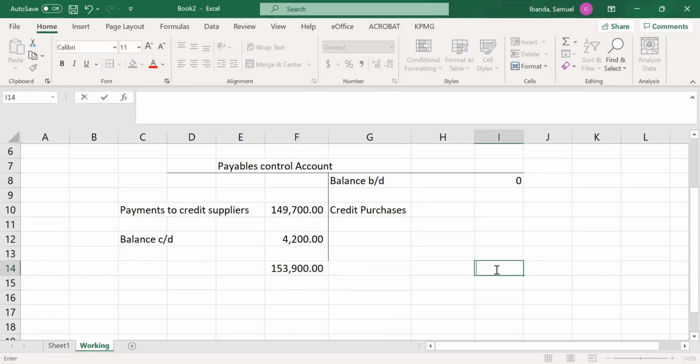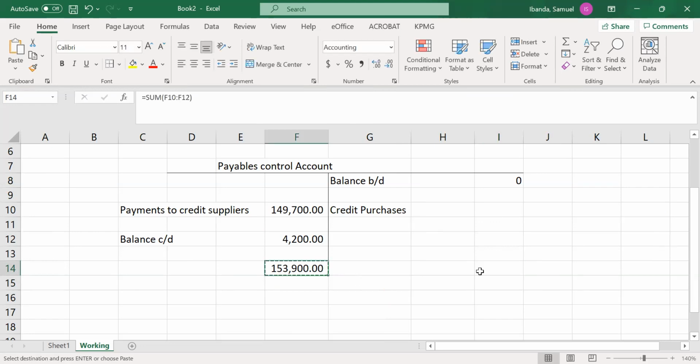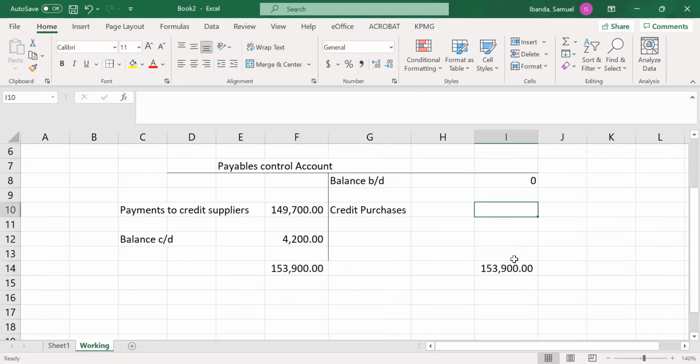So ideally, the total is supposed to be the same because this is the higher side that has a higher total. So then the difference is also supposed to be the credit purchases. The credit purchases actually are 153,900 because what you just do to get this value is get this minus the 0 that is here. This time we had a 0 balance beginning, so that is why it is like that.